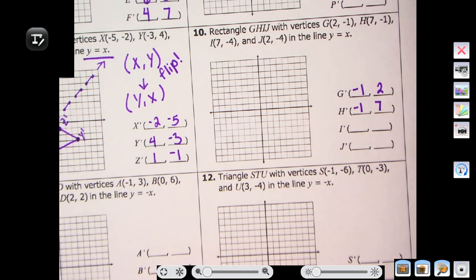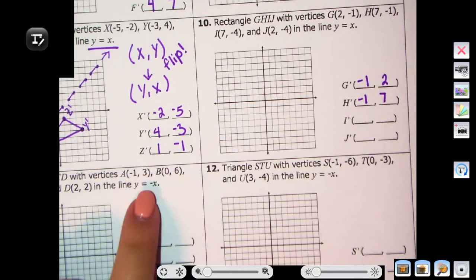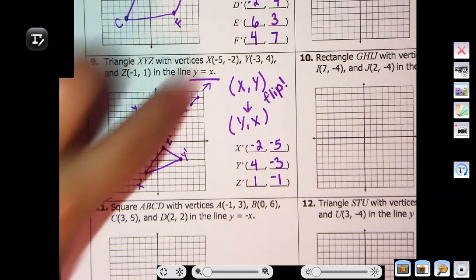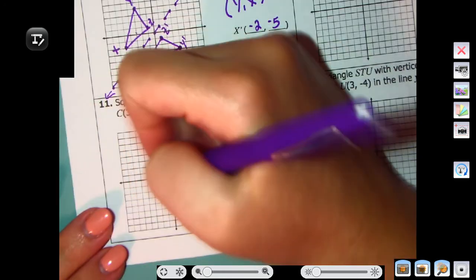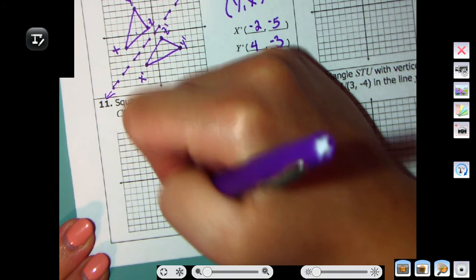All right, let's look at one last type. So that's y equals -x. So it's a diagonal, but notice this diagonal is going up, it's positive. We're going to look at the diagonal going down, negative. So the diagonal y equals -x goes down like this.